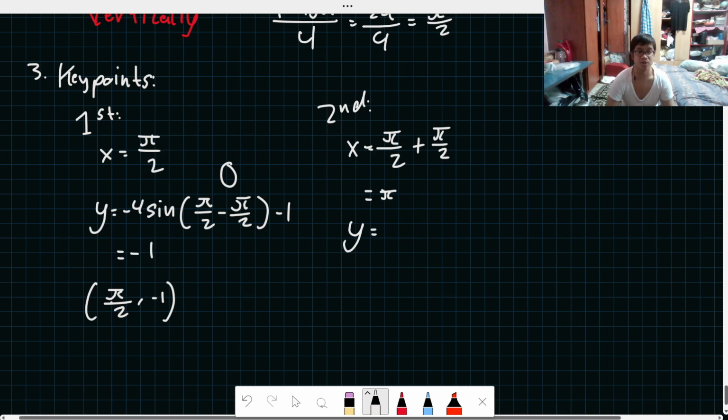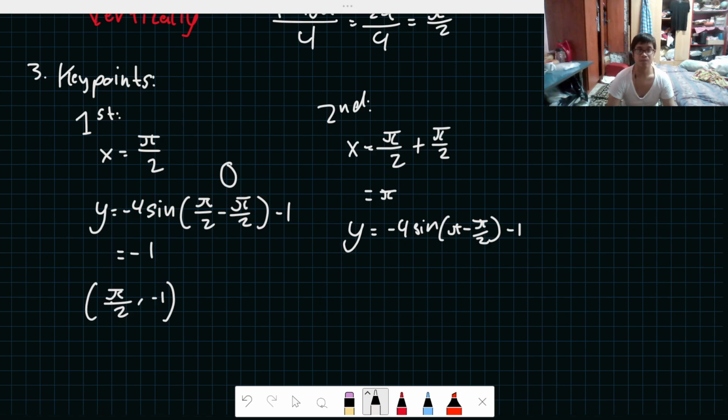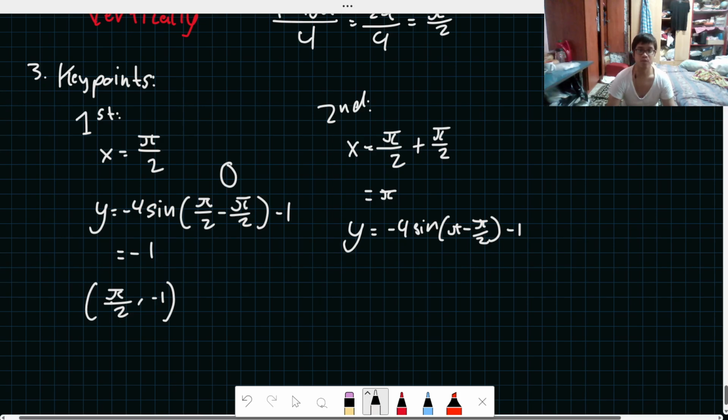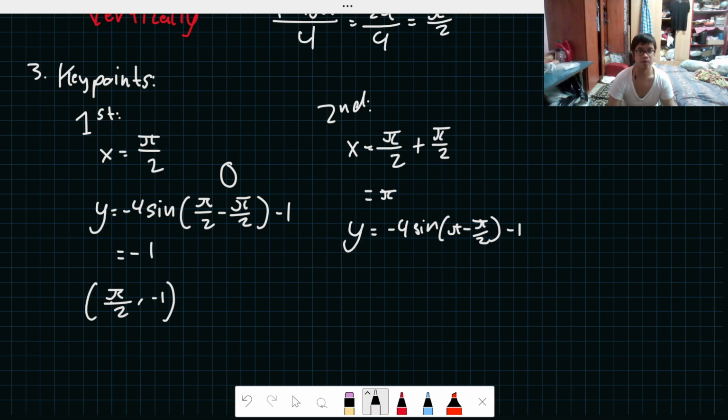Now substituting it to your y will give you negative 4 times sine of pi minus pi all over 2, minus 1. So pi minus pi all over 2 would give you pi all over 2, since 2 pi minus pi is pi.